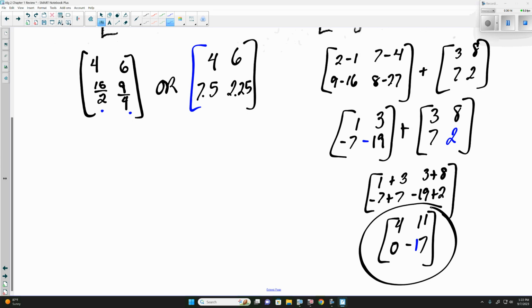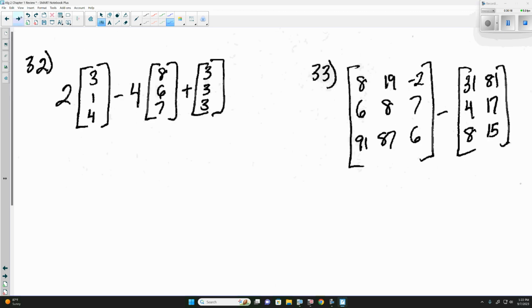Scalar multiplication, we multiply. But here we don't have to. Questions on the next two? Questions on these here? When we substitute that 2 into the first and then the 4 into the other one, then would be minus the second one that we had. Yes.